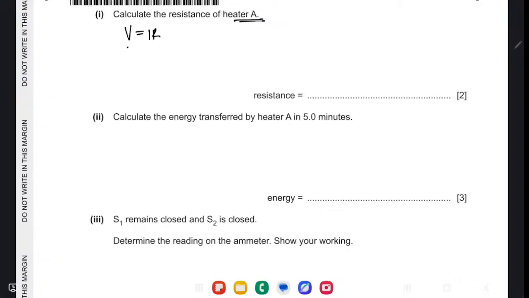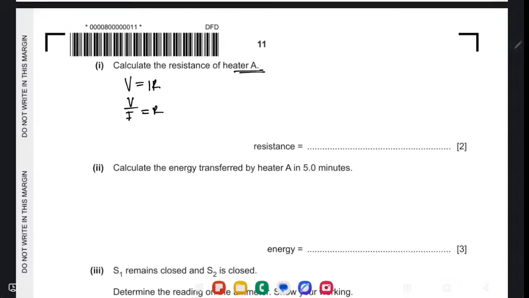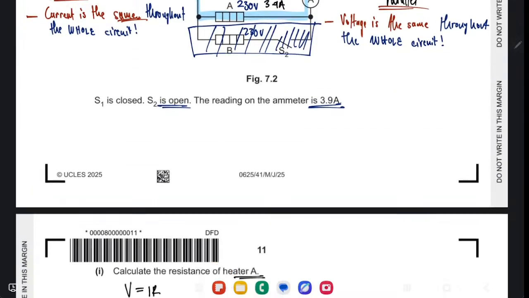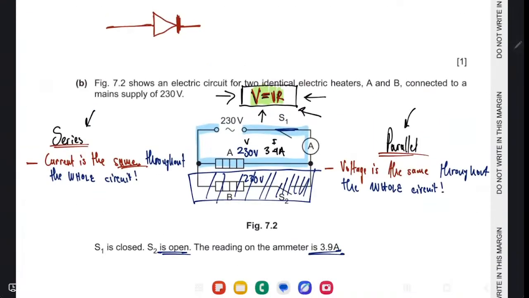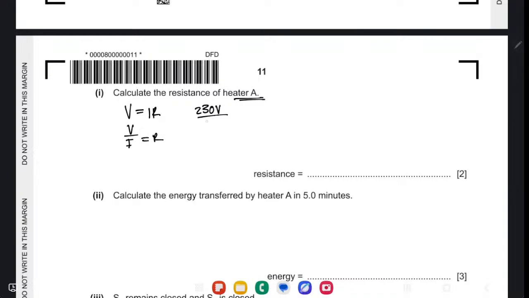V over I is equal to R. What is our voltage? 230 volts over the current. What is I? 3.9 amps. This is equal to R.